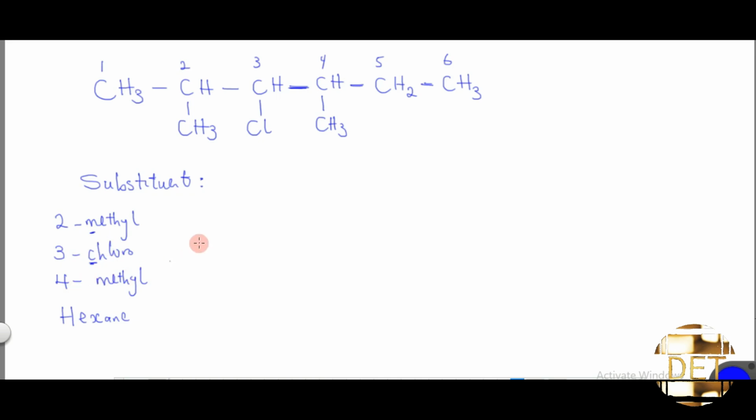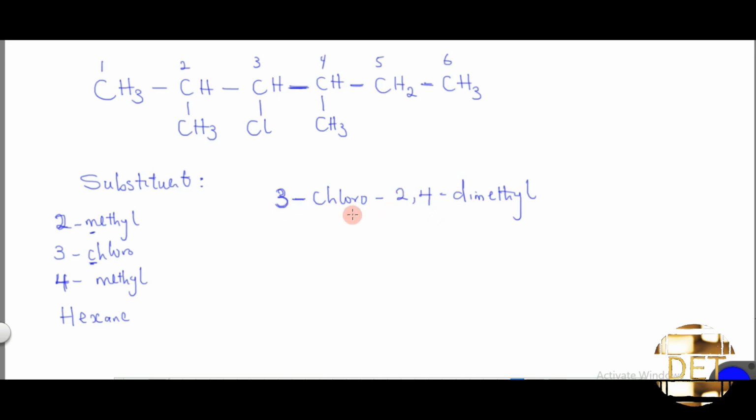So the name of this compound is 3-chloro-2,4-dimethyl. Dimethyl means that there are two methyl groups, in position 2 and in position 4.